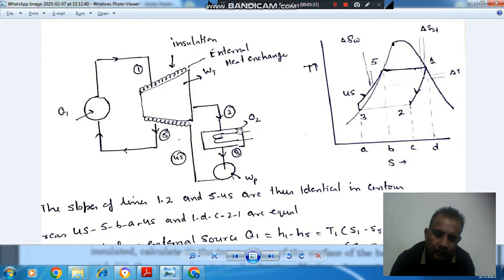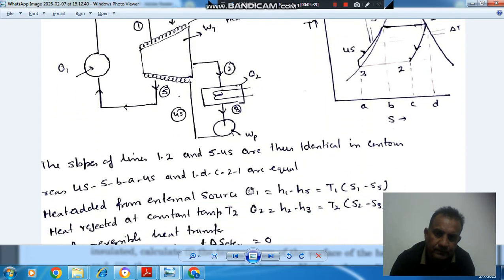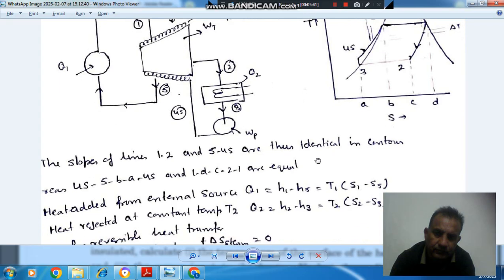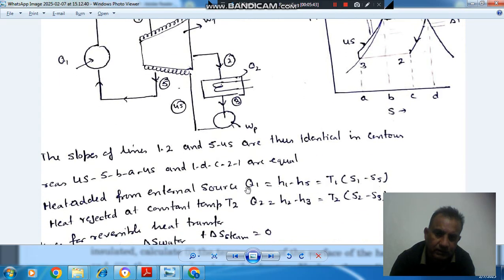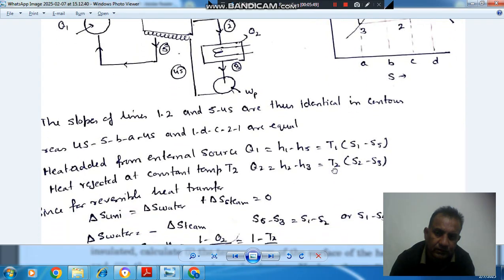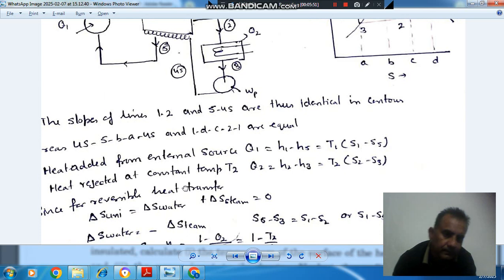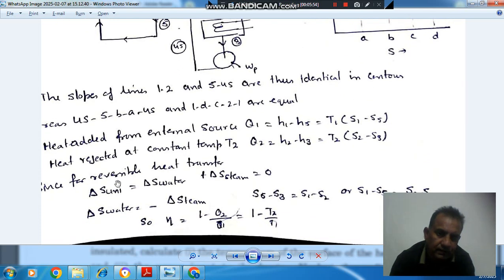The heat added from the external source is Q1, that is H1 minus H5, that is T1 times (S1 minus S2), and the heat ejected at constant temperature T2 is Q2, that is T2 times (S2 minus S3). Since the heat transfer is a reversible process, the entropy of the universe, which is the entropy of water plus entropy of steam, is equal to 0. So the entropy change of water is equal to minus the entropy change of steam.